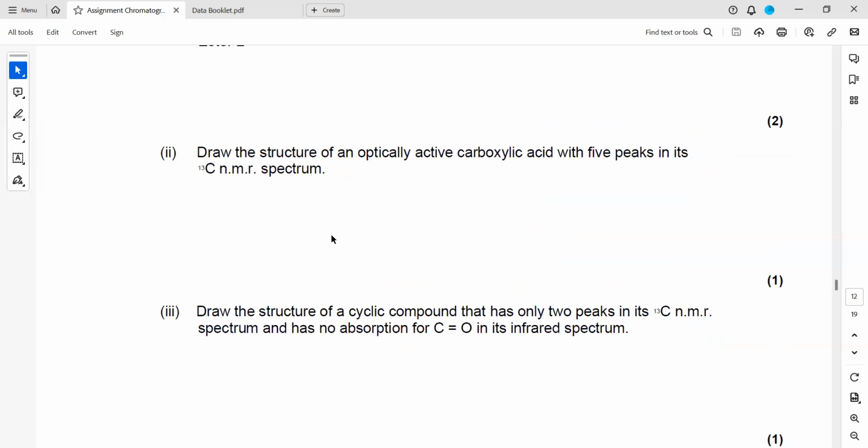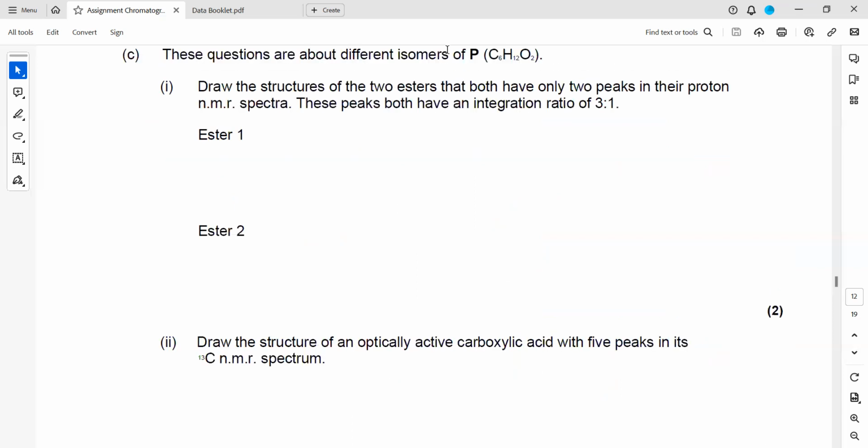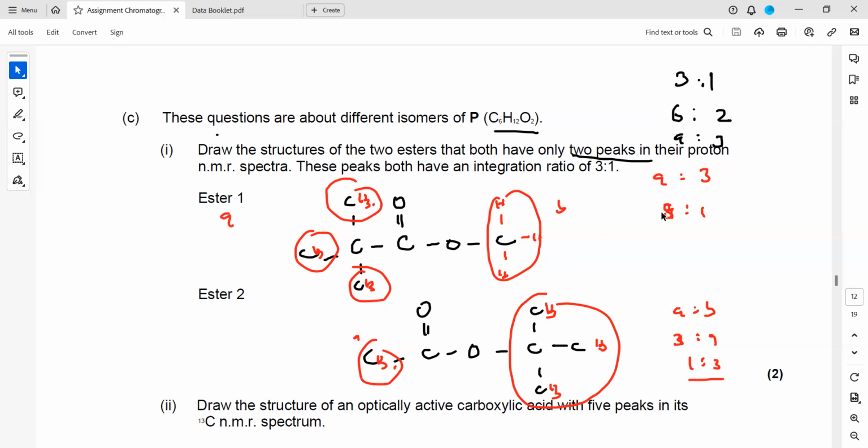draw the structure of an optically active carboxylic acid with 5 peaks in its carbon 13 NMR spectrum. No, both esters are not the same. These two esters cannot be the same. How are these two esters the same? Because when we name the ester, this will be methyl, and there are 1, 2, 3, so it will be 2,2-dimethyl propanoate.